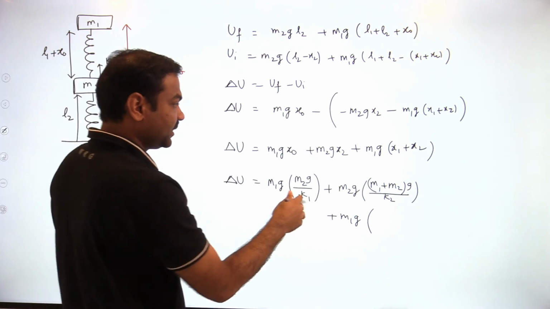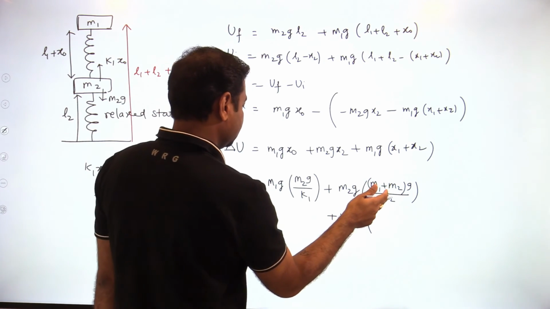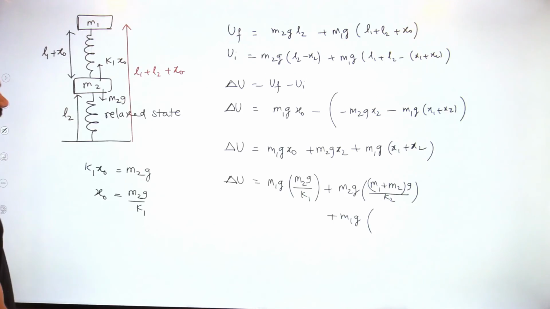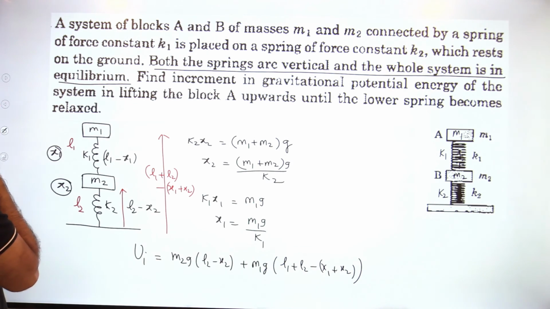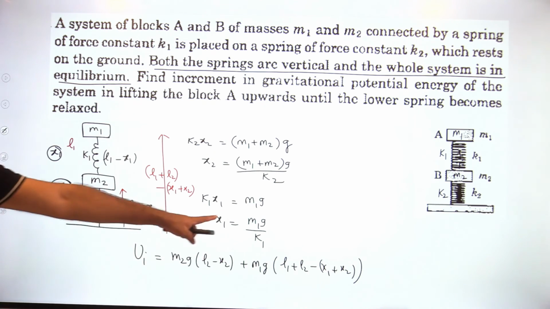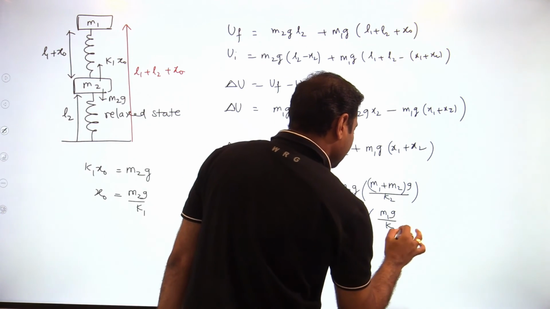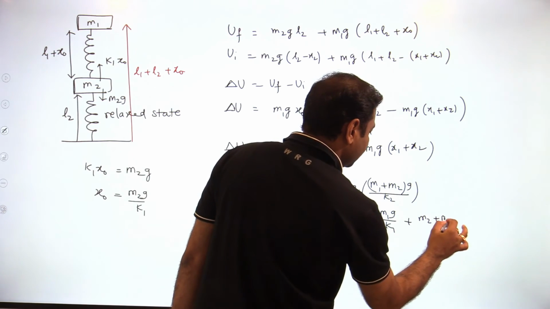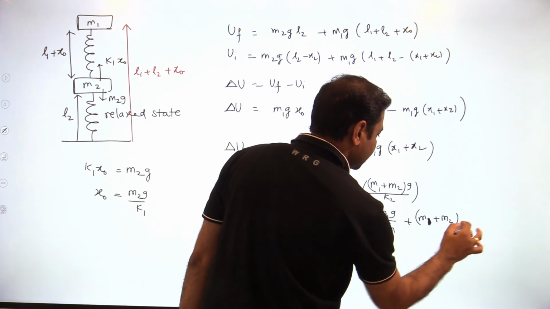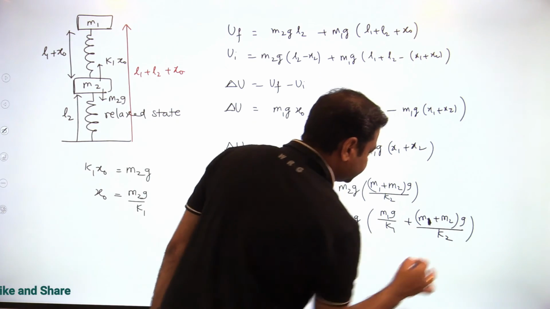X1 is M1 g by K1 and X2 is (M1 plus M2) g by K2.